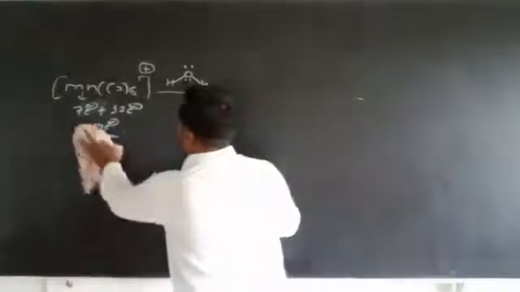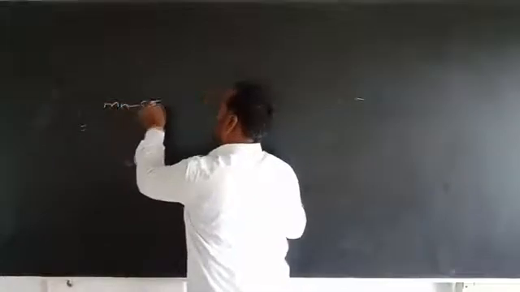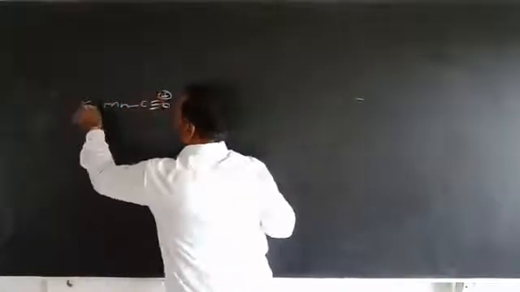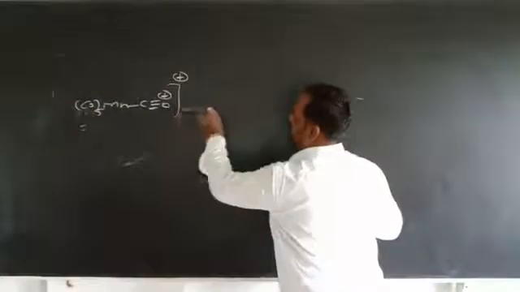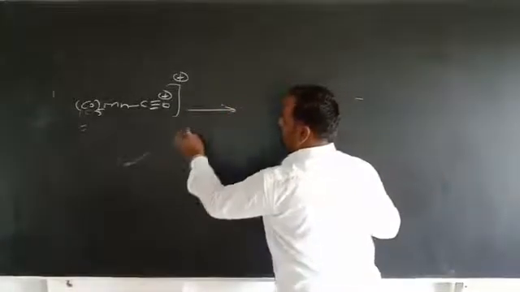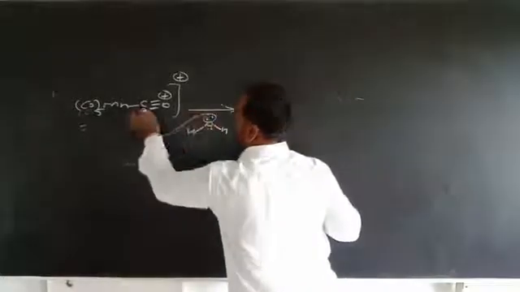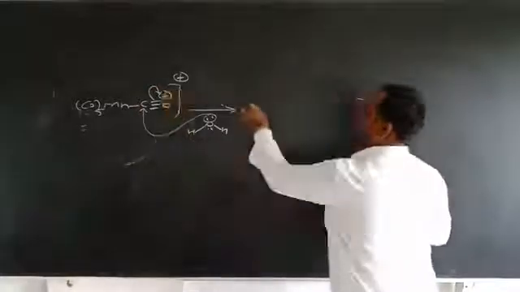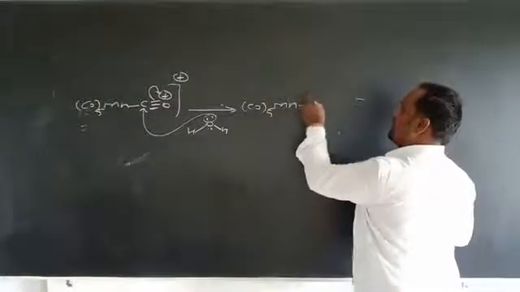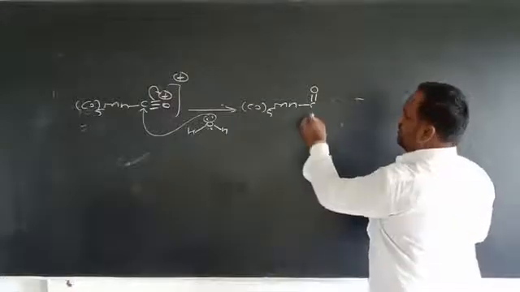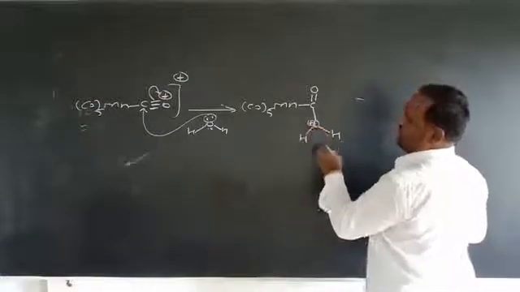So if you consider the reaction, Mn with C triple bond O, CO by 5, and a net positive charge on the complex, reacts with water, HOH. The lone pair of oxygen will attack this carbonyl, and we get CO by 5 Mn with C double bond O, and here the water is attached, so this oxygen has a positive charge.